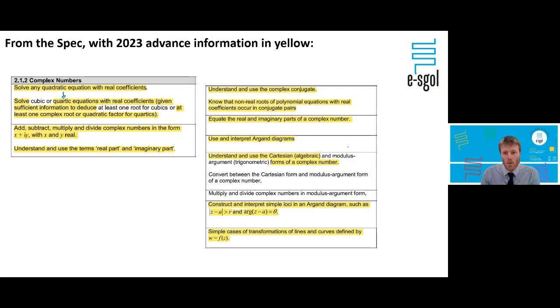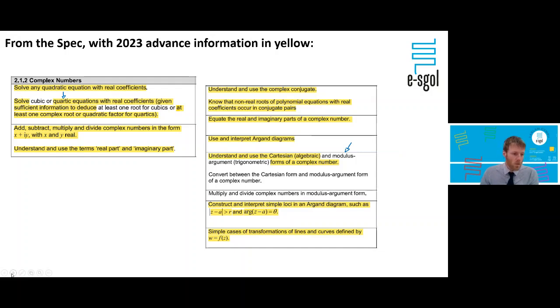Over on the right hand side, they're suggesting that we don't need to know modulus argument form, although that is something I am going to cover, because if you don't need it in year 12, you definitely will need it in year 13. So these are really a guide from the exam board, but I wouldn't necessarily say, oh, I shouldn't revise or learn that.